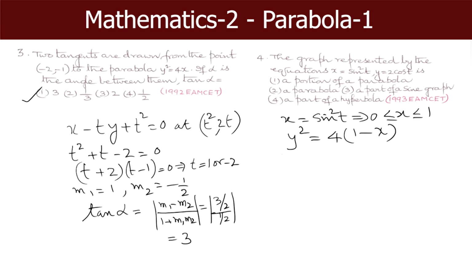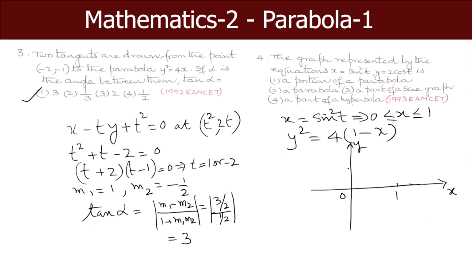Normally speaking, this represents a parabola, y^2 = 4(1 - x). But there are limitations for x. x lies between 0 and 1 only. That means this is 0 and 1. This is x axis. This is y axis. So x can take only values from 0 to 1.